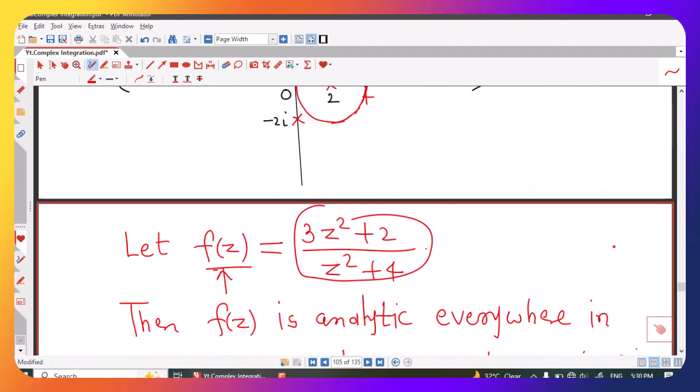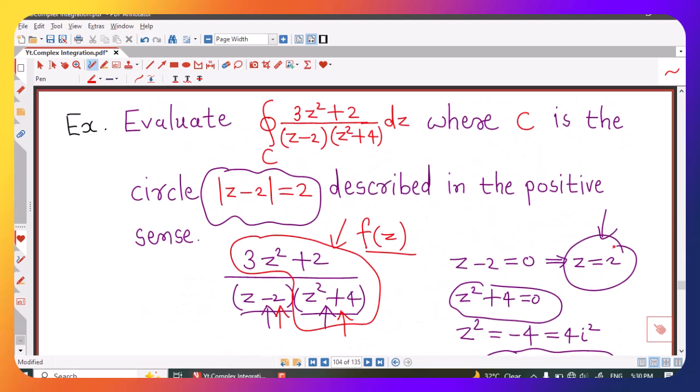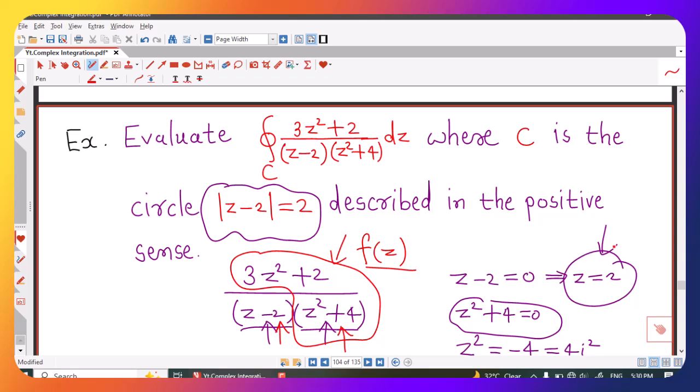So this is a nice example of Cauchy integral formula. First you have to check whether you are able to write your function in such a way that you can apply Cauchy integral formula.